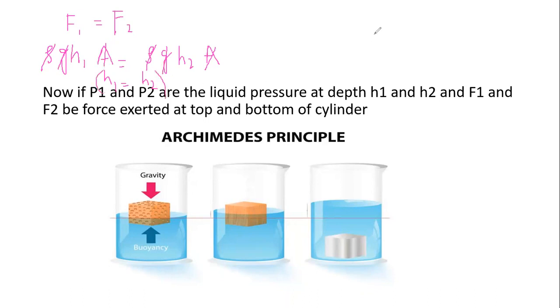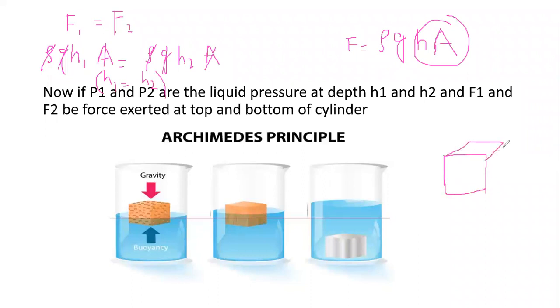Okay. Now for the force, the value is equal to rho g h into A. Now h1 equals h2. So what is hA? This is the volume of a system, or a cube or a cylinder.